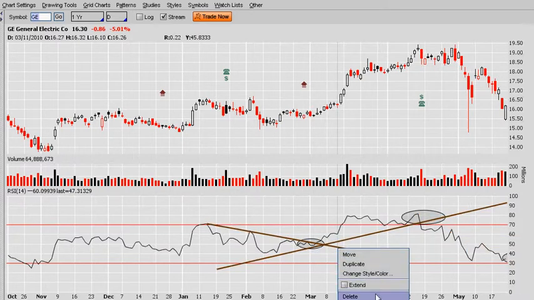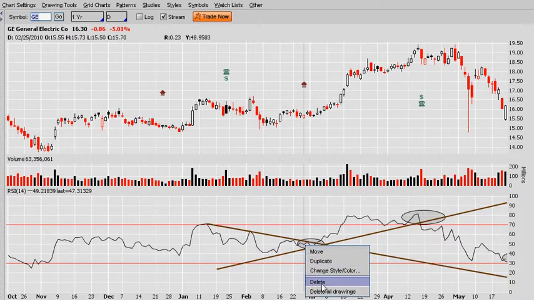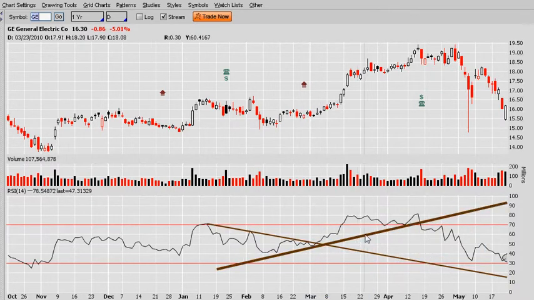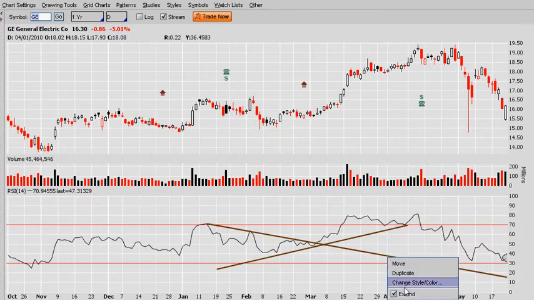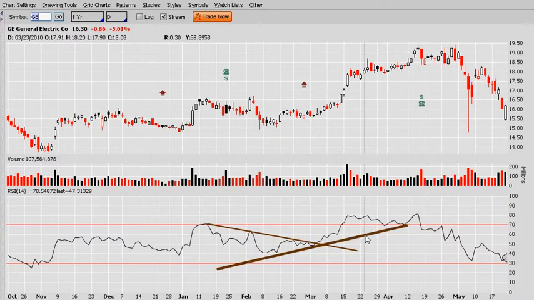Sometimes chart patterns appear on a relative strength index or an oscillator, and it's a rare occurrence. But I just want to tell you, when it does happen, you absolutely need to just take heed of it, because when it does happen, we have large moves.